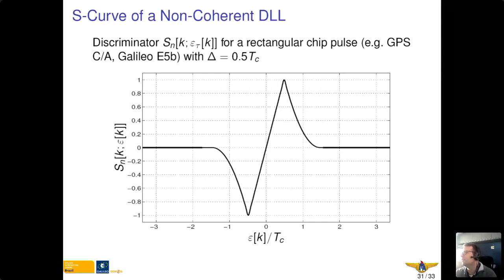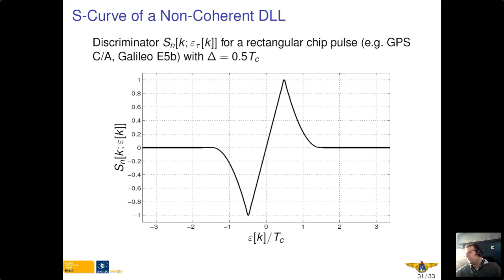So the loop should be designed already to work in this linear region. Also, the SNR of the signal should be sufficient. So the design of antenna, amplifiers, and front end should provide an SNR that is sufficient to initialize this loop in this area and to also keep track of this area.